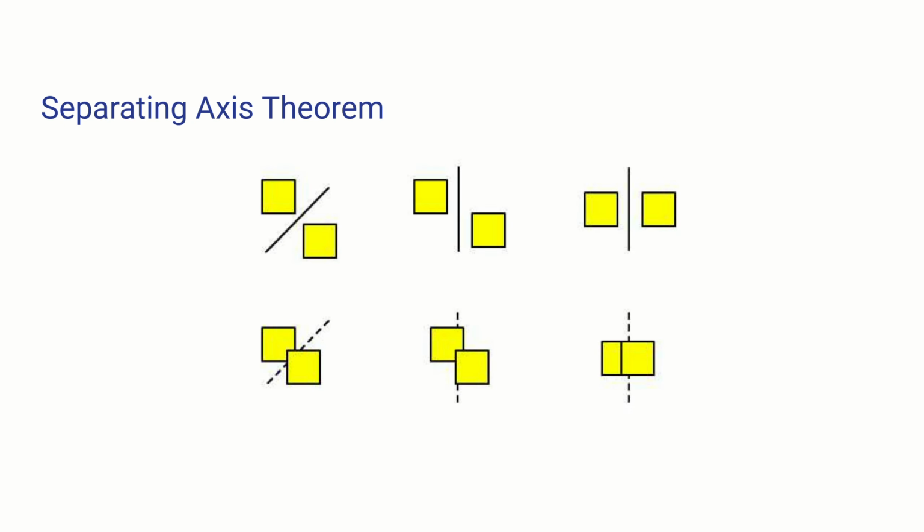The main collision detection algorithm takes advantage of the separating axis theorem, and this states that if two objects can have a line drawn between them, then those two objects cannot be colliding.